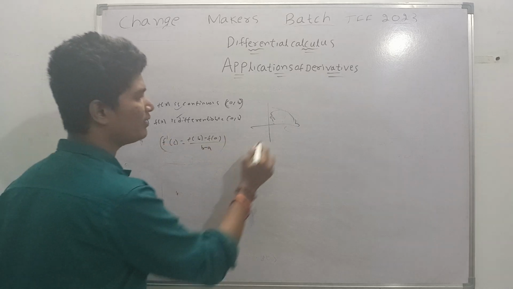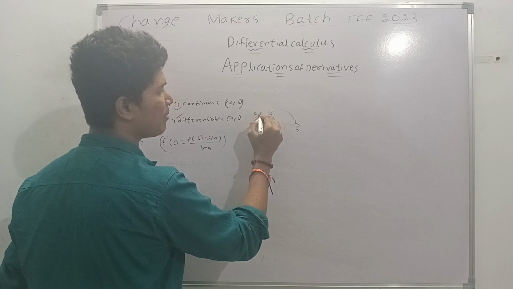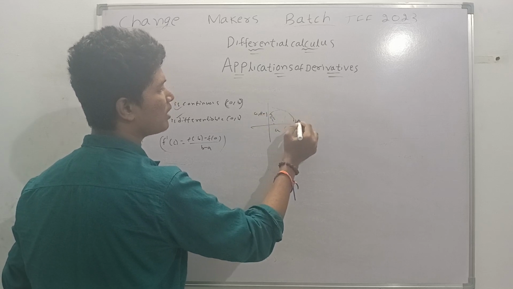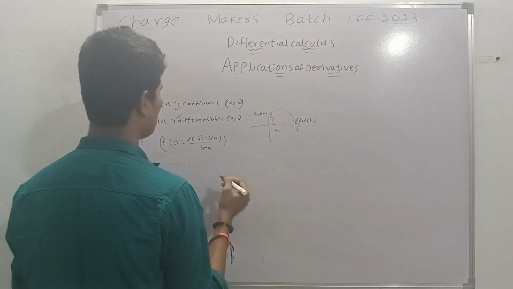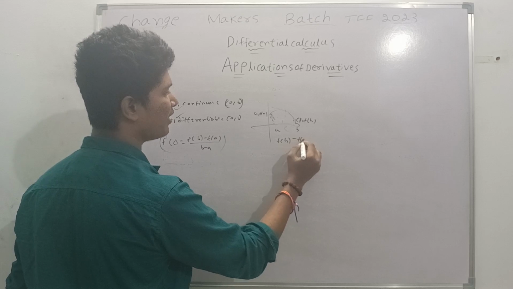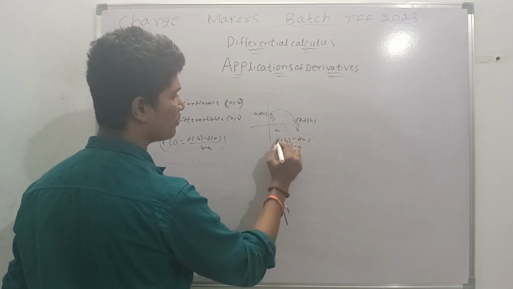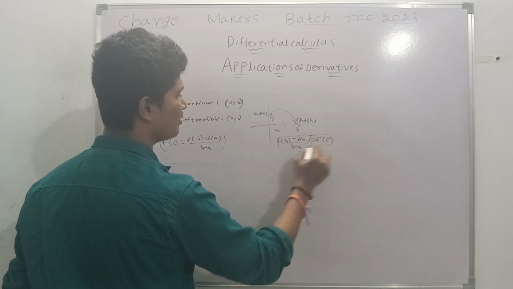This is a slope. Actually, this is point a comma f of a, and this is point b comma f of b. Basically, if we take f of b minus f of a divided by b minus a, this is a slope. This slope is equal to the slope at that point, f dash c.